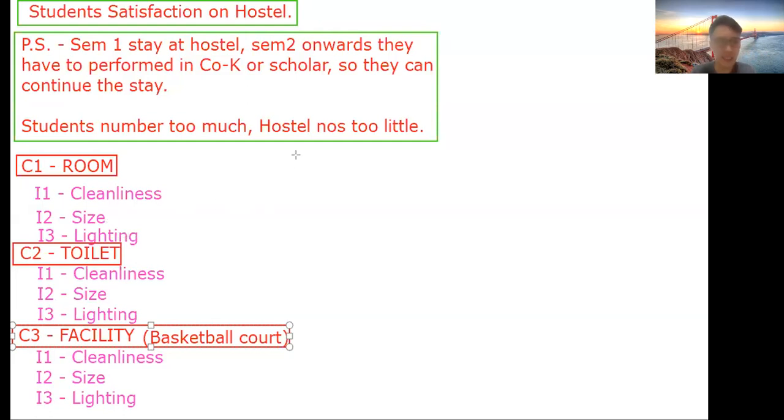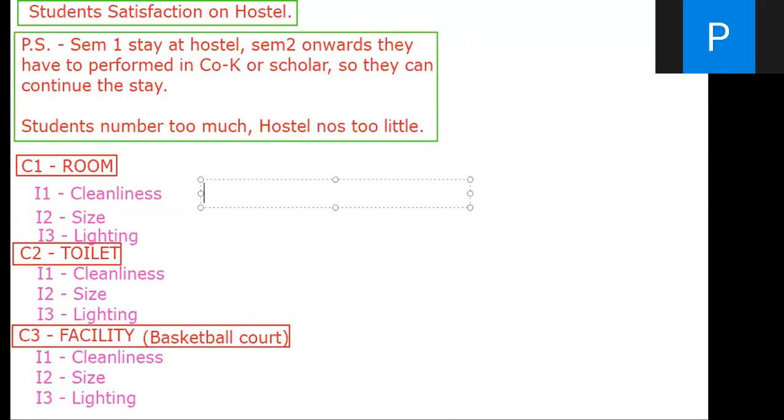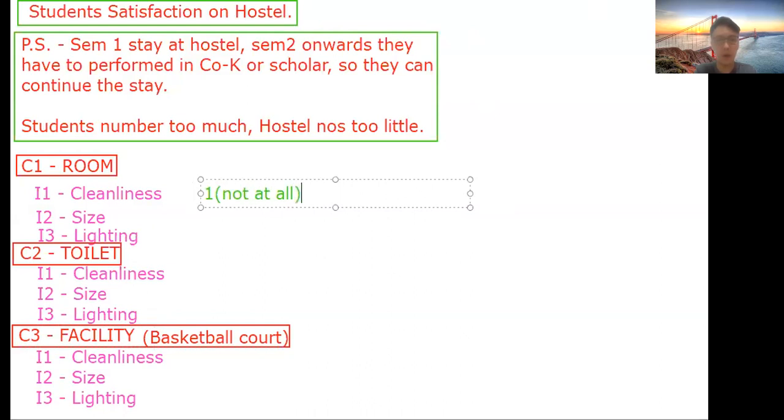We are going to ask by using a scale. 1 to 5. 1, not at all; 5, very satisfied. So these are the scale.